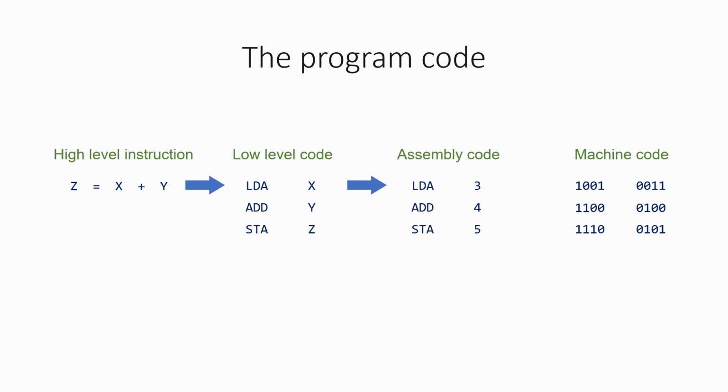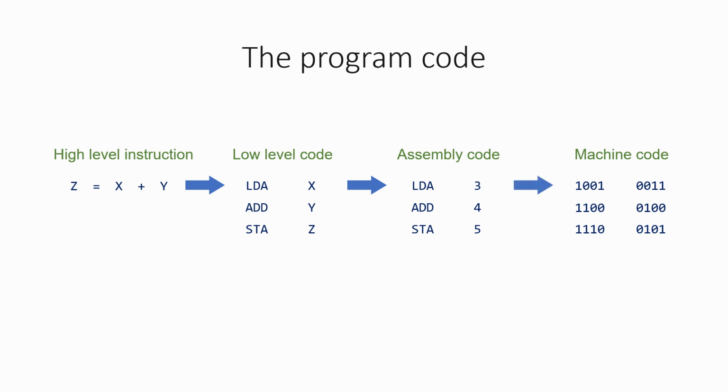The instructions you can see here tell the CPU to take a copy of whatever is in memory location 3 and load it into the accumulator. Then add a copy of whatever's in memory location 4 to what's in the accumulator. And then finally to take whatever's in the accumulator and store it back into memory location 5.